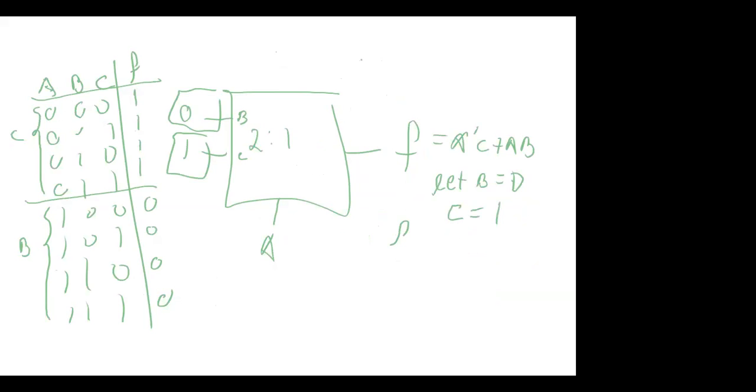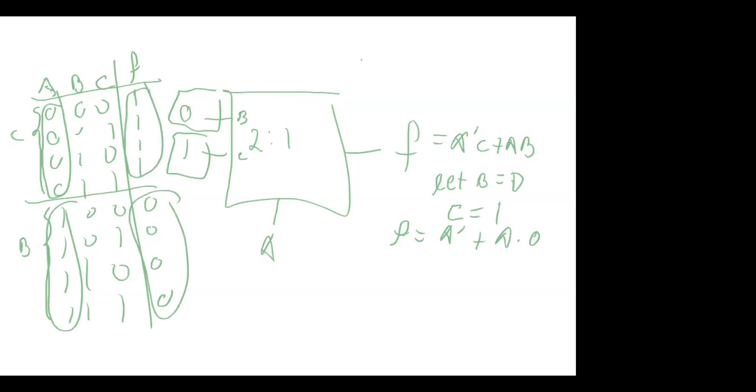So then F must be equal to A prime or A times 0. So it's just equal to A prime. And sure enough, if you look at F, it equals A prime. And if A turns to a 1, it turns to a 0. So that's proof positive with the actual equation for the 2-to-1 multiplexer. But the more interesting thing is we were able to implement this truth table without a Kmap. How cool is that?